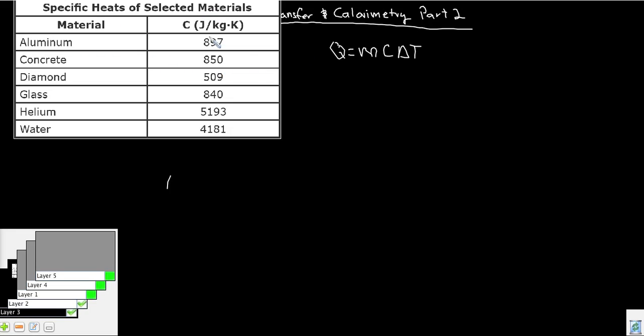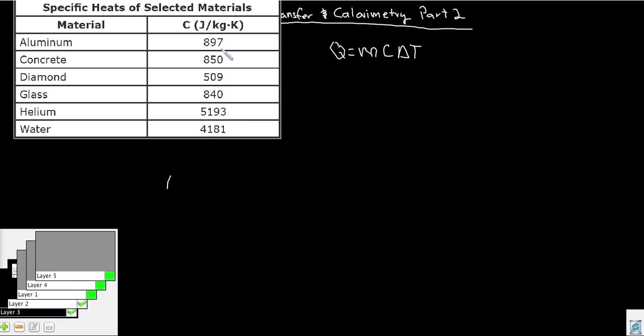Every single material has a certain number of joules of energy it takes to raise a certain amount of it per degree, or in this case per Kelvin. But you could also have that be per degree Celsius, because Celsius and Kelvin are the same increment per degree, right?